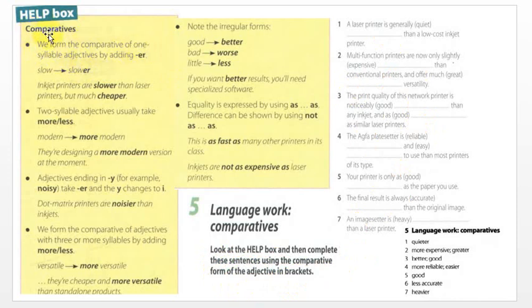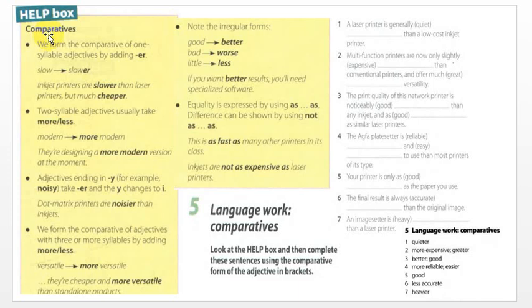Comparative means comparison of two things, whether they are fat or thin, high or tall or short. When you compare two things, you use the comparative.